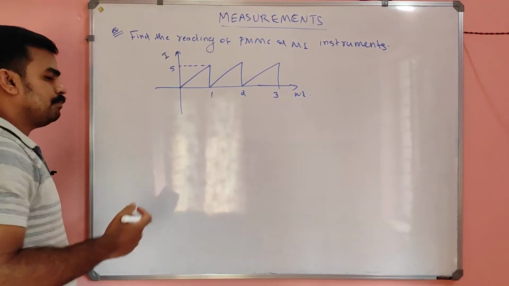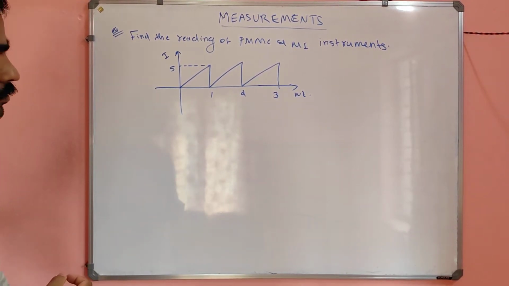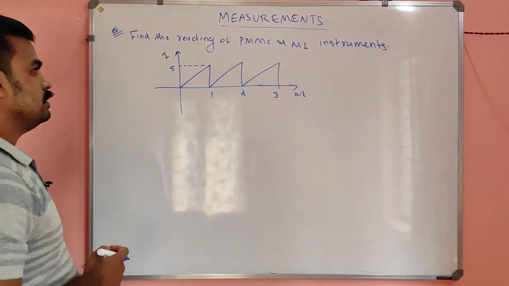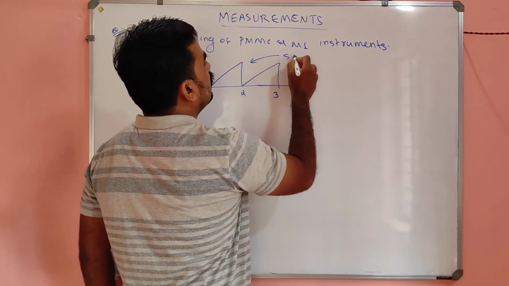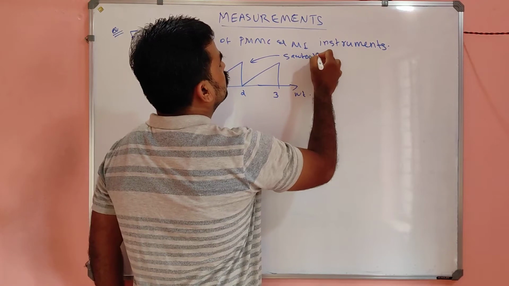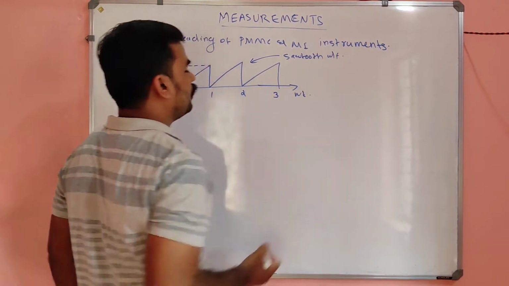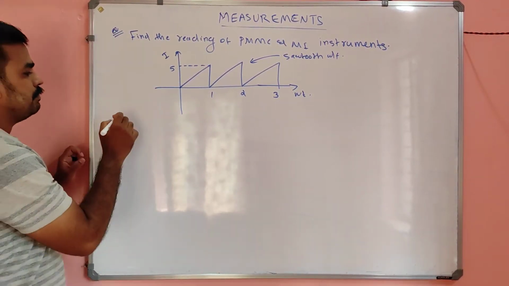Okay, how can we find, my dears? So this is a sawtooth waveform, correct? So first we have to find the PMMC reading.